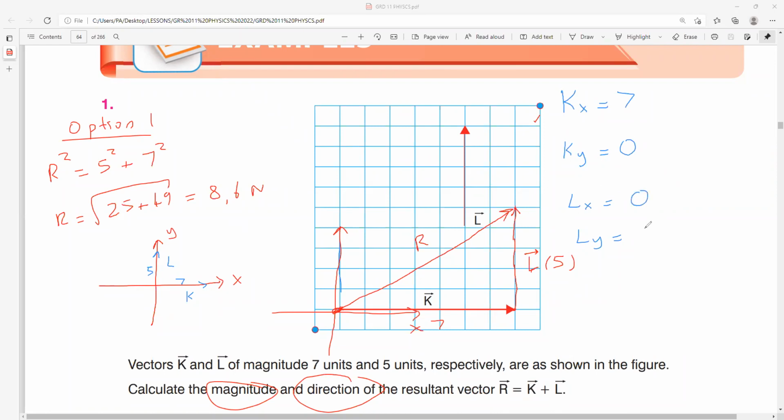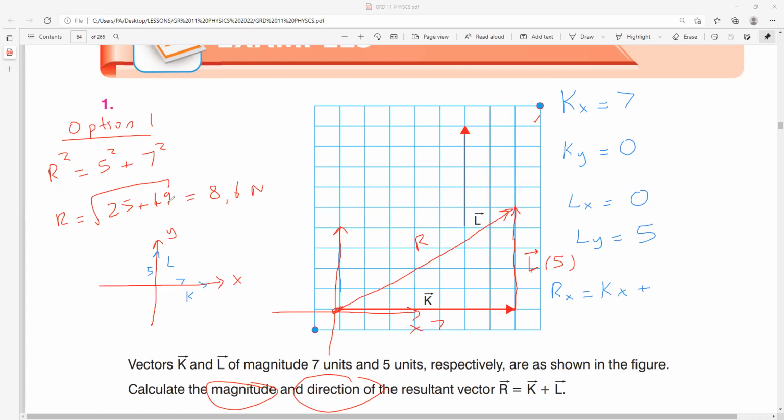Lx is 0, Ly is 5. That's good. Thank you very much. Now, people, we can calculate for x and for y. Rx equals Kx plus Lx, just calculating for x and for y, and then you are going to use this formula.